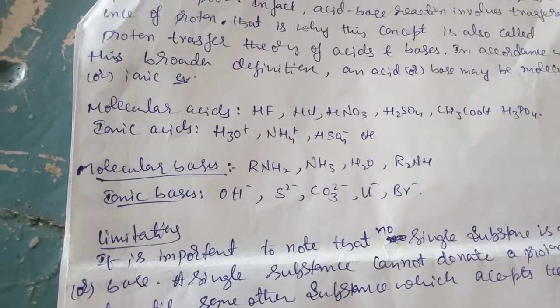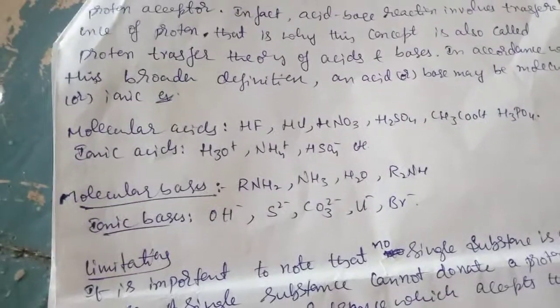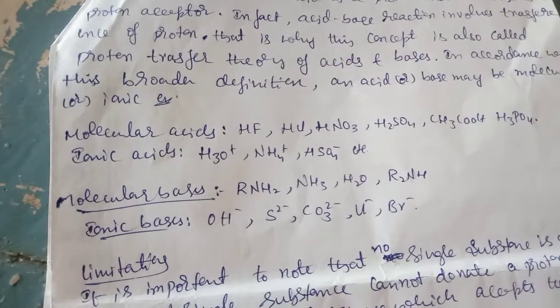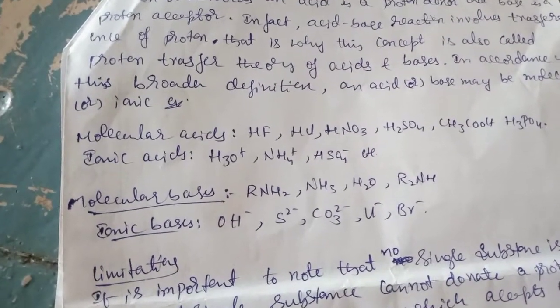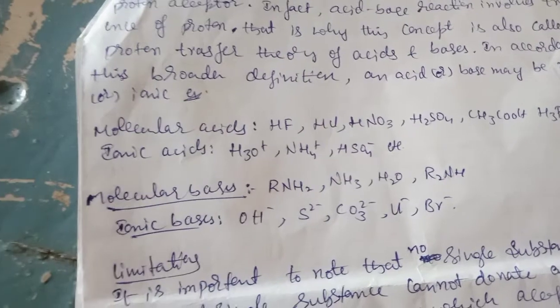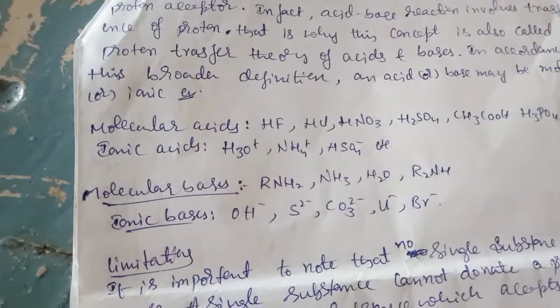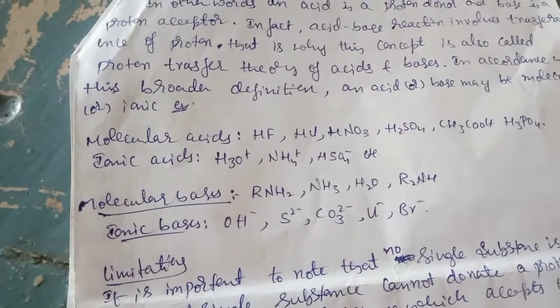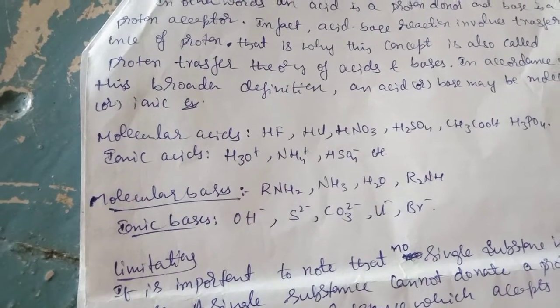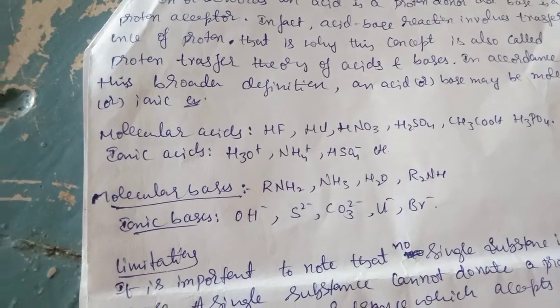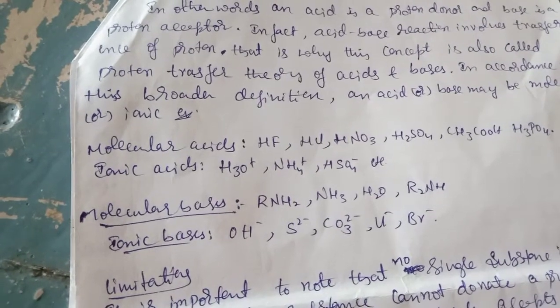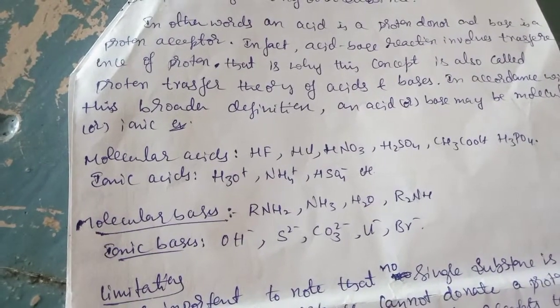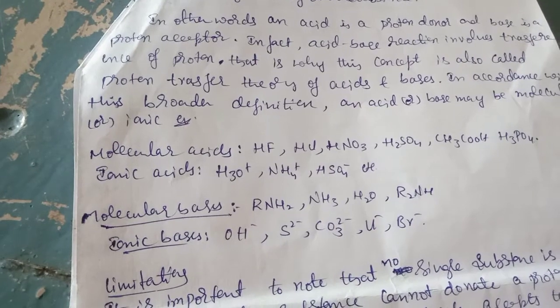Hydrogen fluoride is one molecule, HCl is one molecule, HNO3 is one molecule. These are examples for the molecular acids. Similarly, we can take ionic acids, which have charge: H3O plus, ammonium ion, HSO4 minus ion, etc. We can take these as examples.